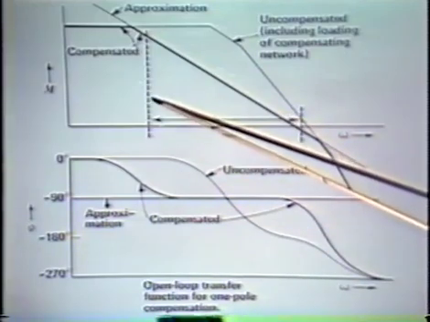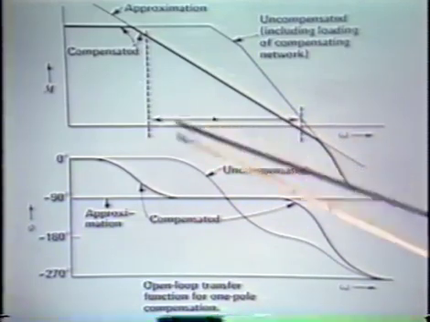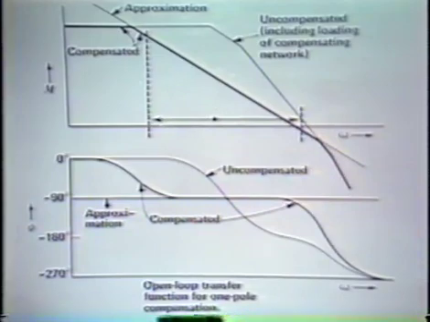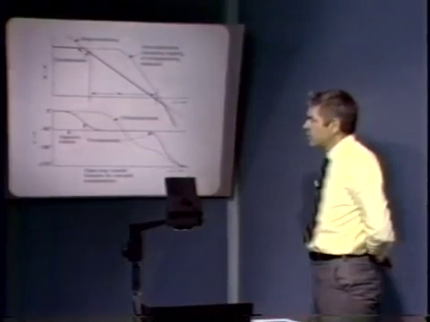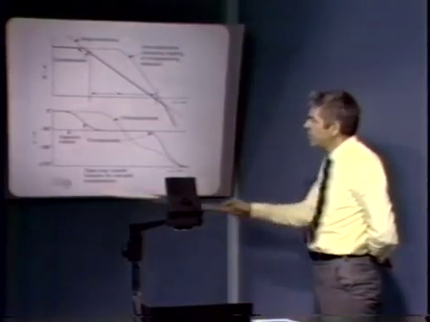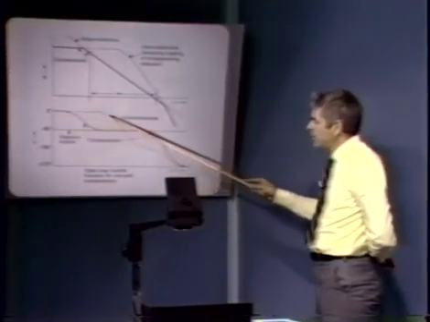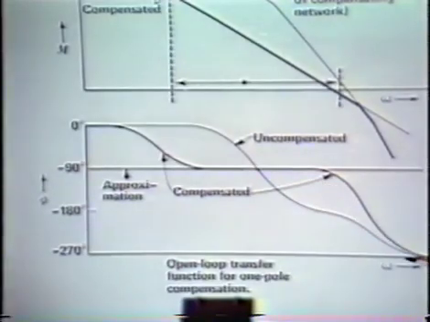And so over this range of frequencies we can estimate the open loop transfer function of the amplifier based only on a knowledge of the transconductance of its first stage and the compensating element that we're using, in this case a capacitor. The effect on the angle associated with the open loop transfer function is shown below. Here we have the original uncompensated transfer function assumed to be three-pole, but again that's not horribly important.